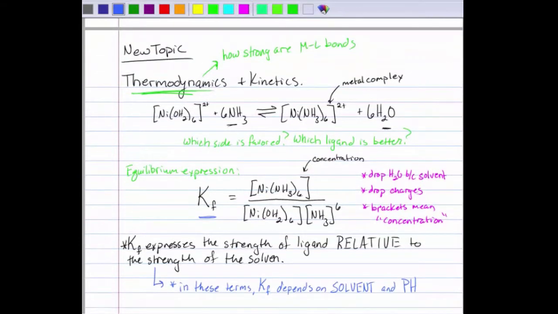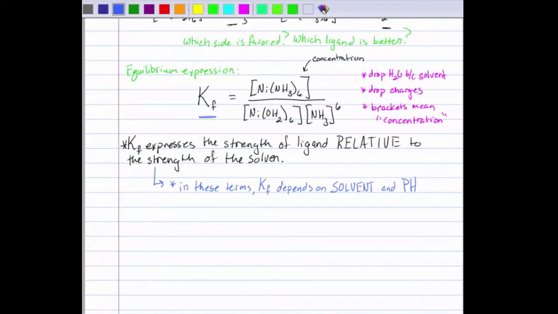So if you had a KF value, that KF value at pH 7 would be different than at pH 6 or pH 3. It would also be different if you switched your solvent from water to methanol. So they all depend on the solvent conditions, and that means the solvent identity and the pH.